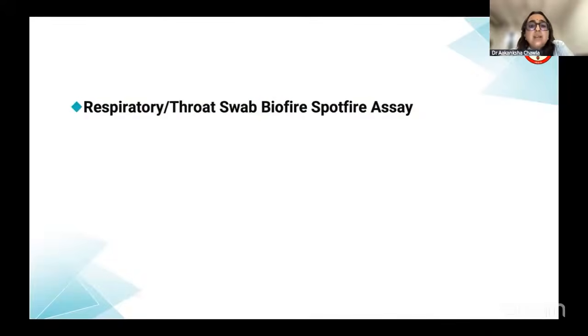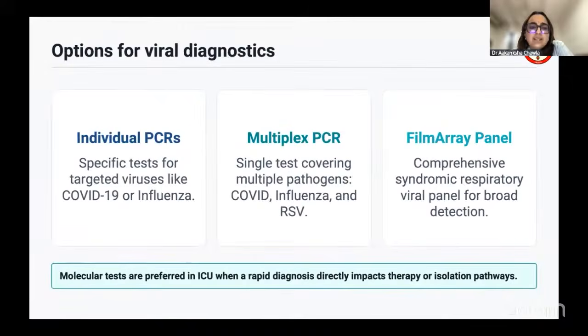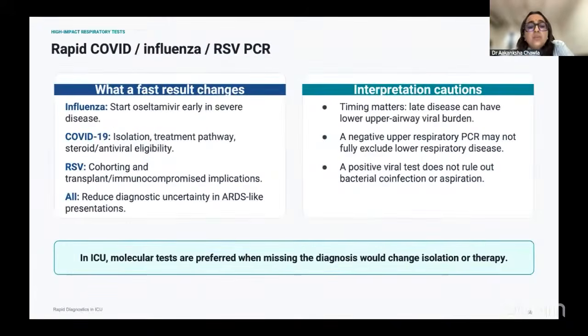So now let's look at the upper respiratory throat swab nasopharyngeal BioFire assay. Now the options in these are individual PCRs, multiplex PCRs, and FilmArray panel. Now, these are important because molecular tests are preferred when you're missing the diagnosis, as it would change your isolation as well as therapy.